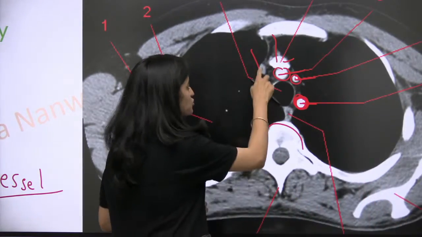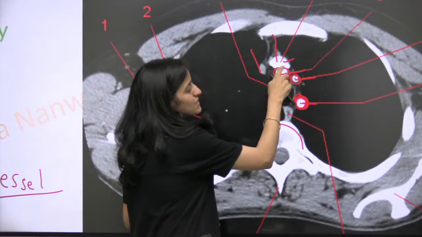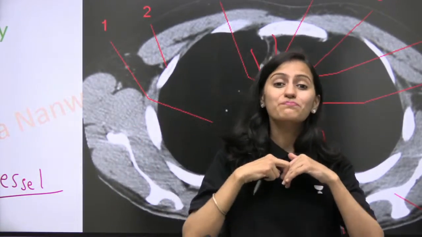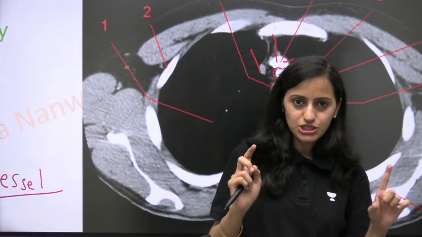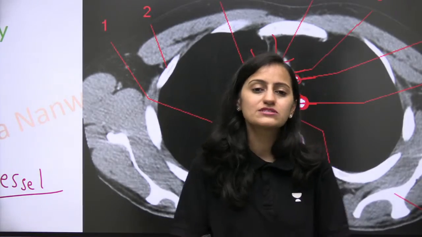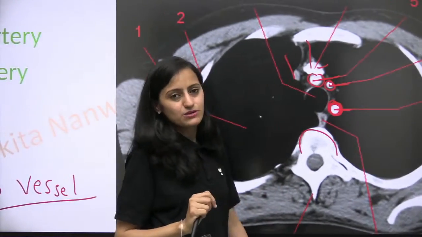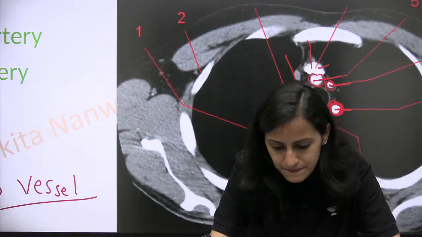So what are these two vessels? The right brachiocephalic vein and the left brachiocephalic vein. The right and left brachiocephalic, not the jugular, right? The right and left brachiocephalic unite to form the superior vena cava. So this is the right brachiocephalic, this is the left brachiocephalic. Is that clear with everyone?